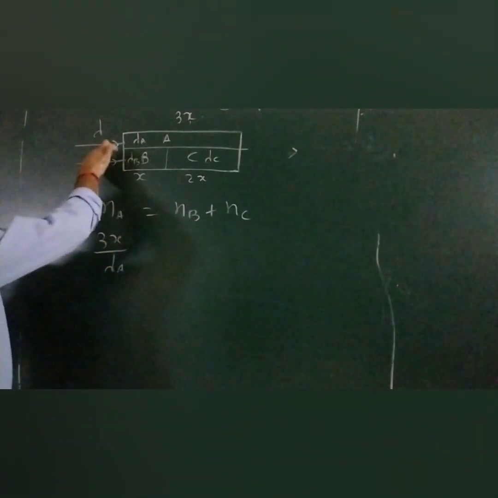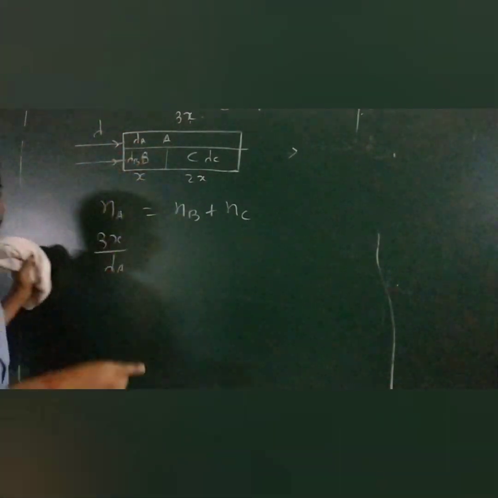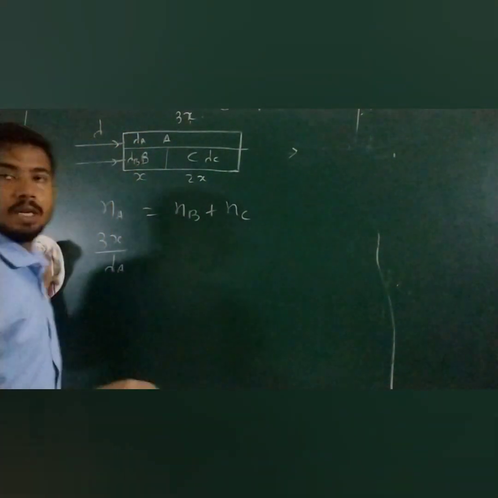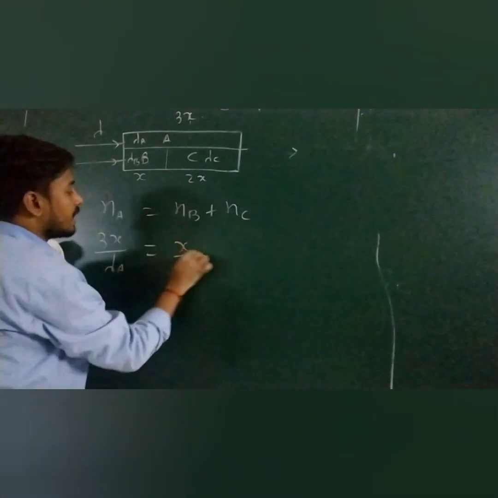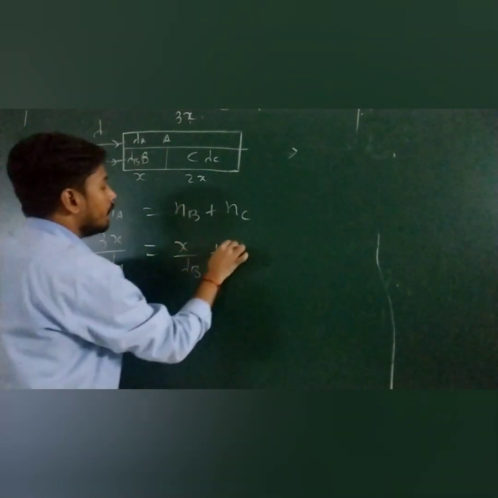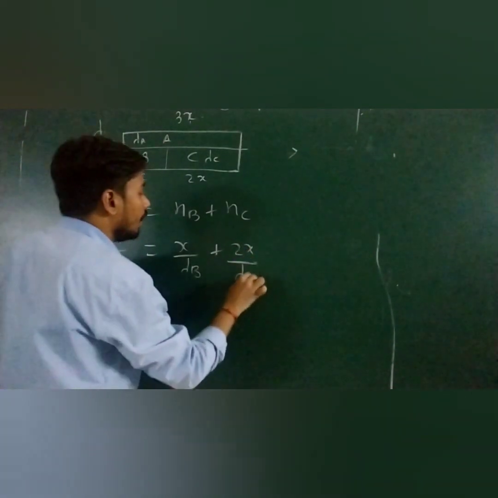When light goes from one medium to another, the wavelength changes. So here we can write 3x by lambda A, here x by lambda B, and here 2x by lambda C.